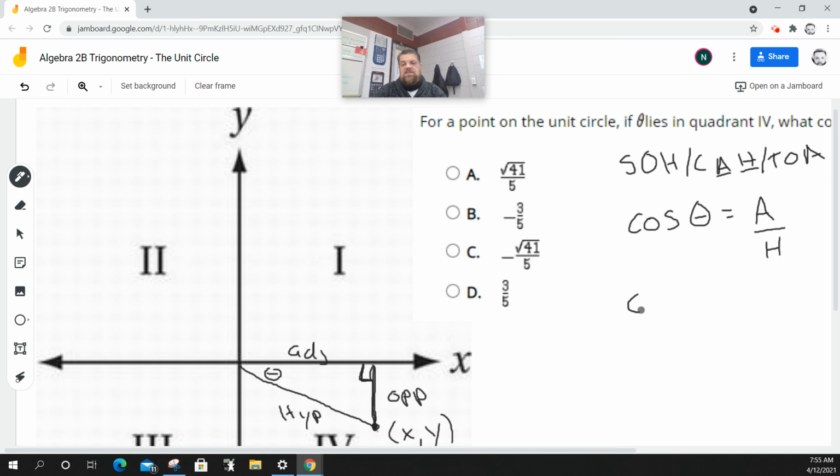Well, then that means that my cosine of theta has to be the adjacent, which is positive, over the hypotenuse, which is positive. So it's the one with the positive value. Well, this is negative, so that won't work. This is negative, so that won't work. So it's a toss-up between A and D.